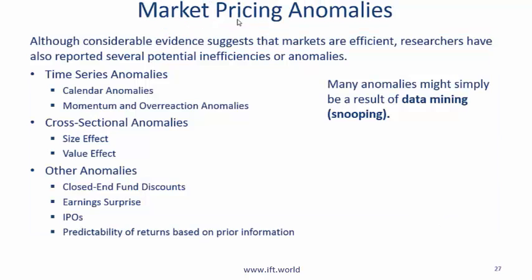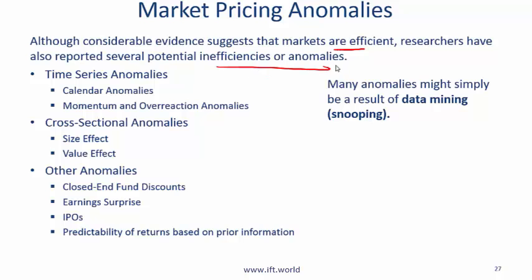Next, we come to pricing anomalies. The point here is that if it appears that intrinsic value is different from market value, then there might be an anomaly. Although considerable evidence suggests that markets are efficient, researchers also reported several potential inefficiencies or anomalies.